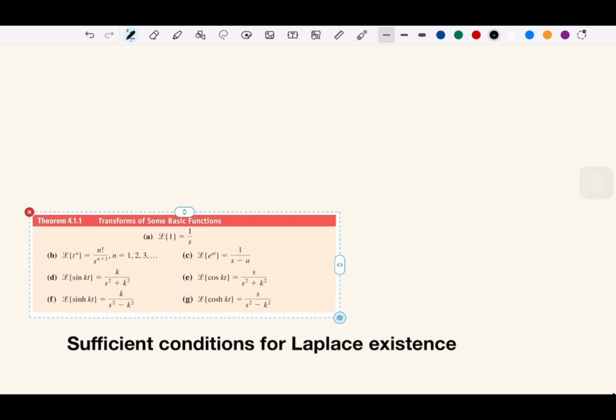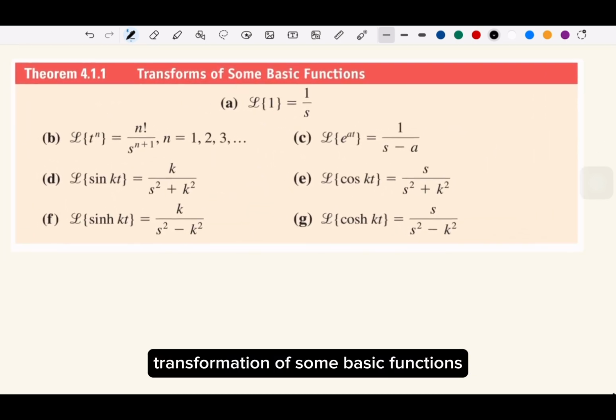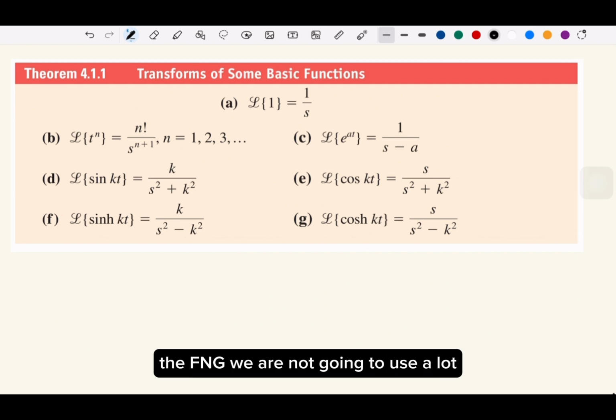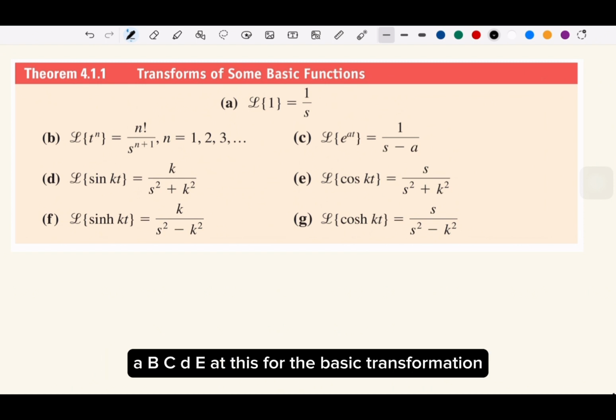This is the transformation of some basic functions. I think the hyperbolic ones, f and g, we are not going to use a lot. So I think we can just stick to the first five, a, b, c, d, e, at least for the basic transformation on Laplace.